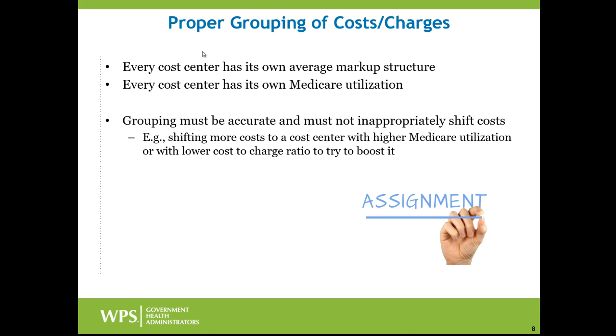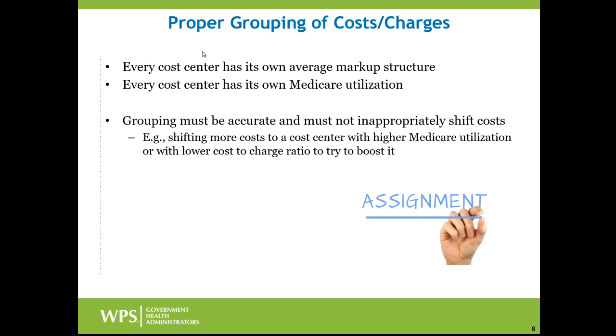So the reason this is important is that everything needs to be categorized properly. The grouping must be accurate, it must be logical, and it certainly must not inappropriately shift costs. So some examples of things we'd be looking for are where more costs are being shifted to a cost center that has a higher Medicare utilization, because, especially for a critical access hospital, that would mean that more of those costs would be reimbursed by Medicare.